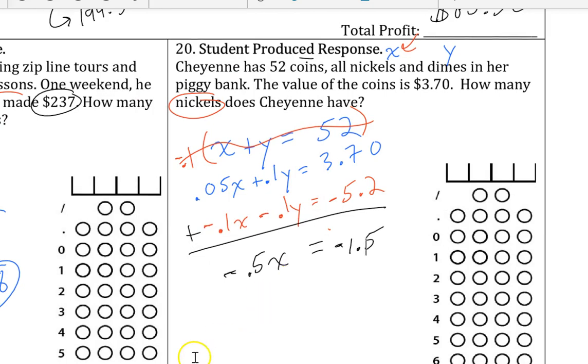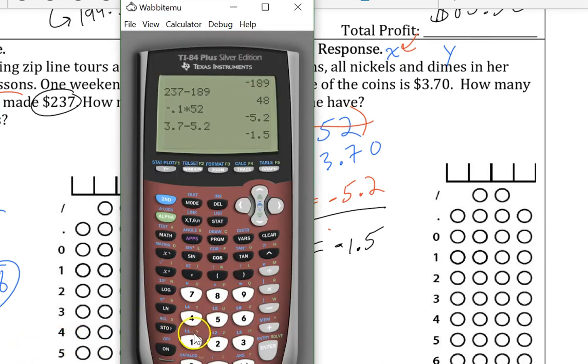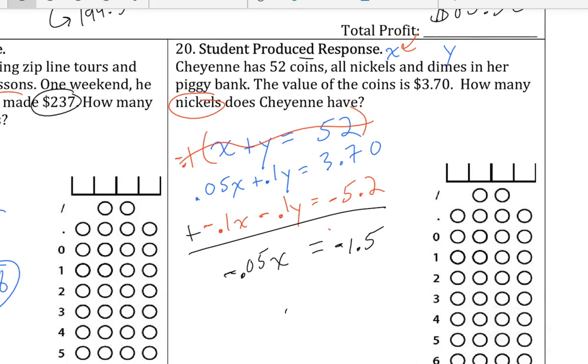Dividing both sides by, I should say, -0.05 here. So we know a negative divided by a negative is a positive, so let's just do 1.5 divided by 0.05. We'll end up with 30. So x, or my nickels, that means I have 30 of them.